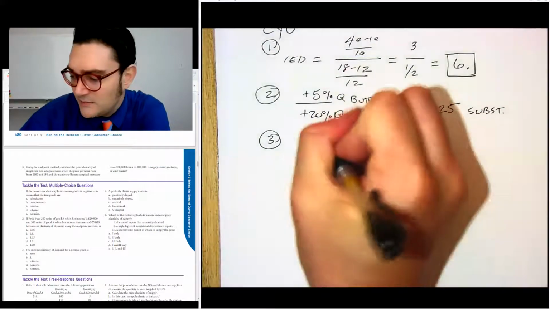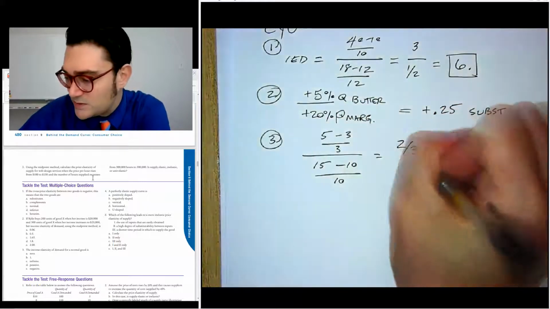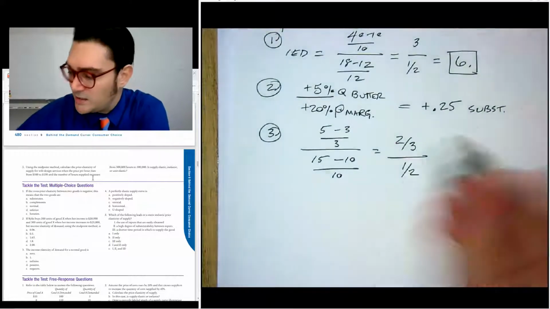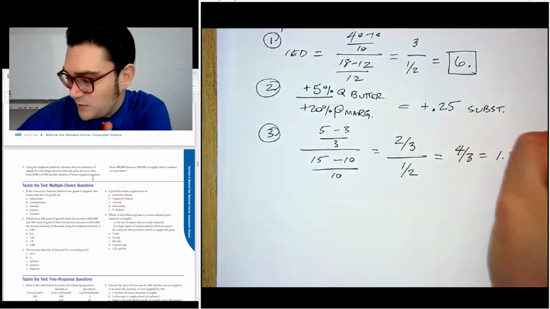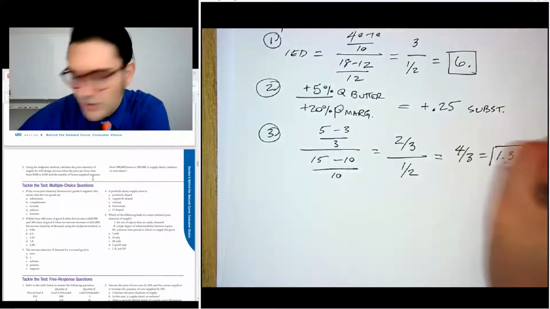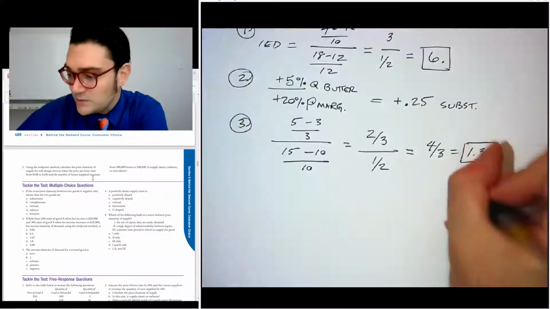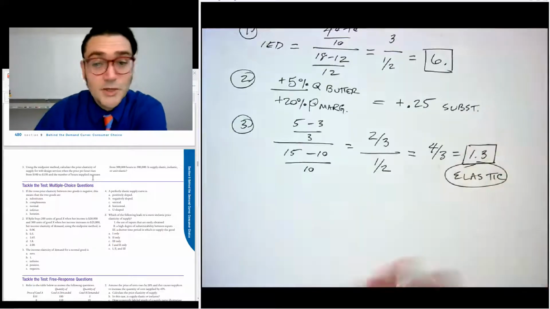It's crazy. 5 minus 3 over 3. So that's 2/3 over 1/2. And that's 4/3, which is equal to 1.33 repeating. And so because it's greater than 1, we would say it's elastic.